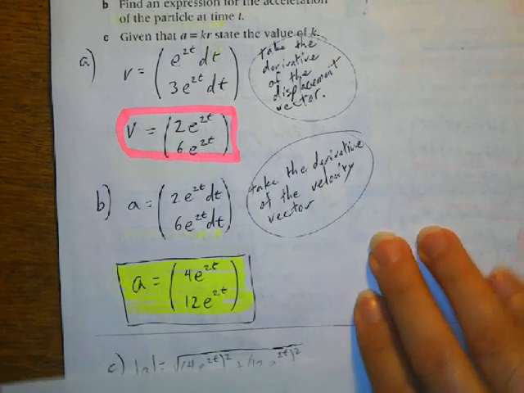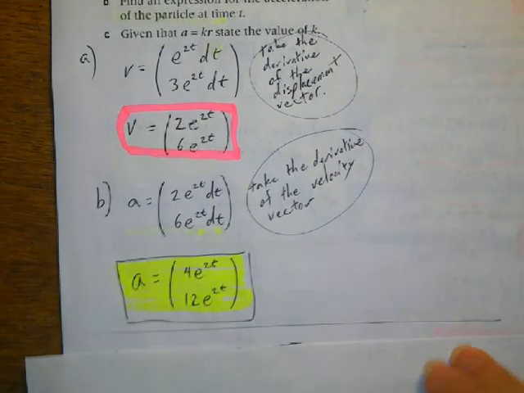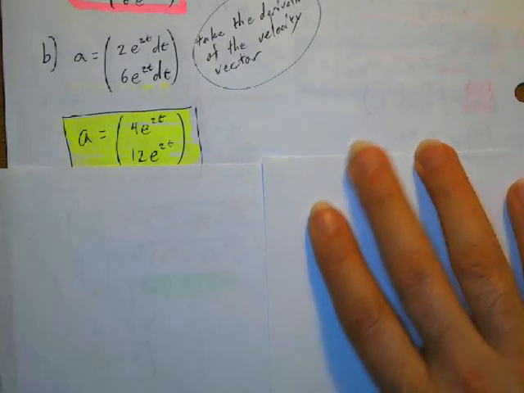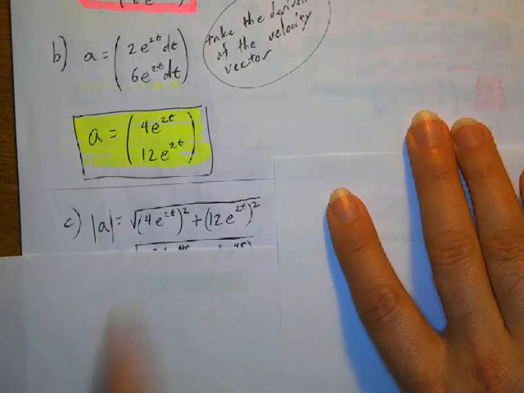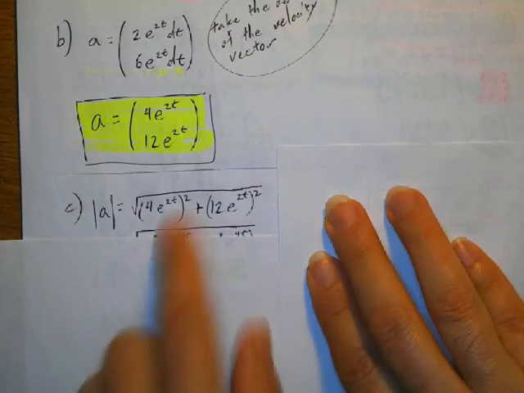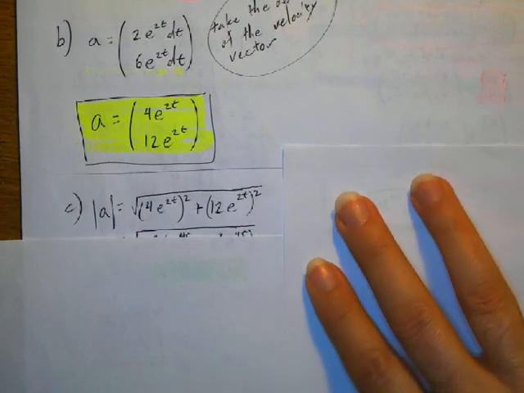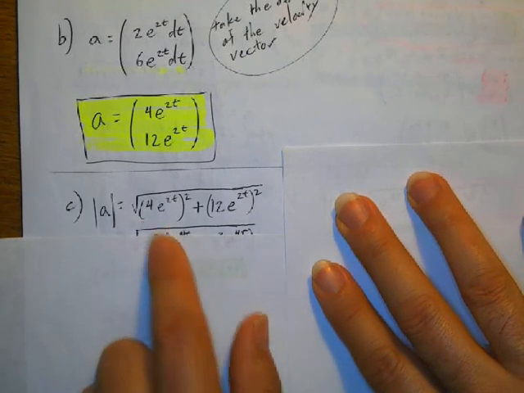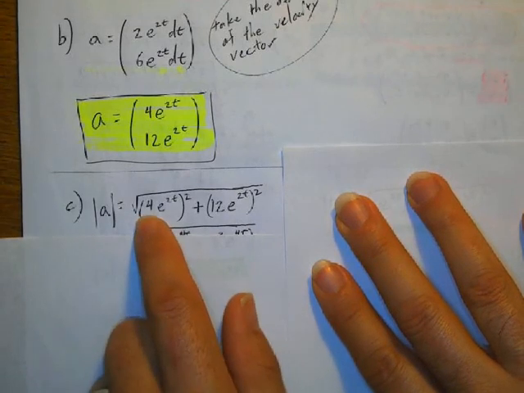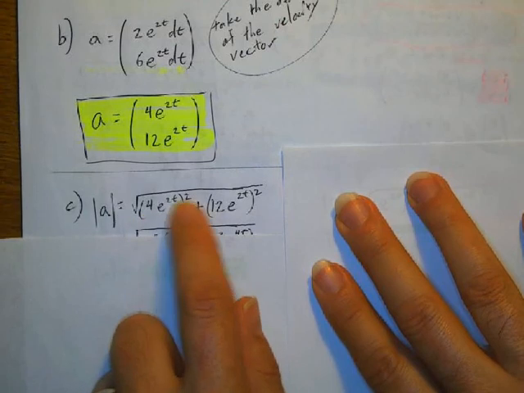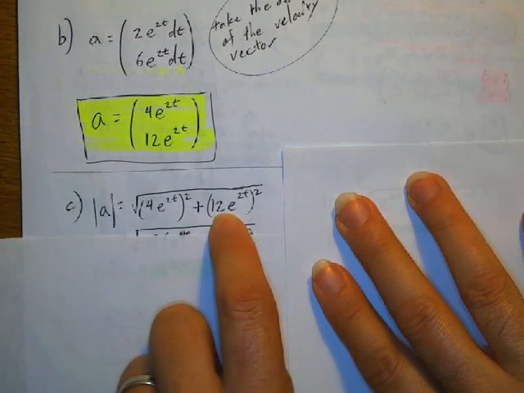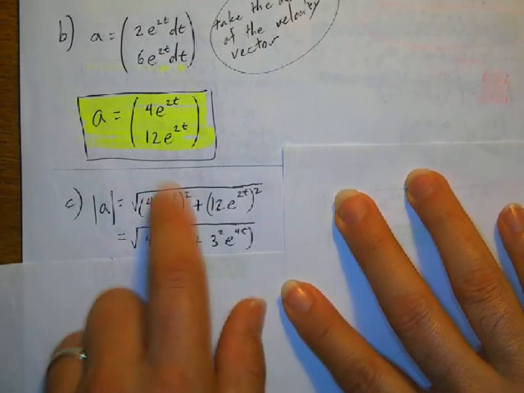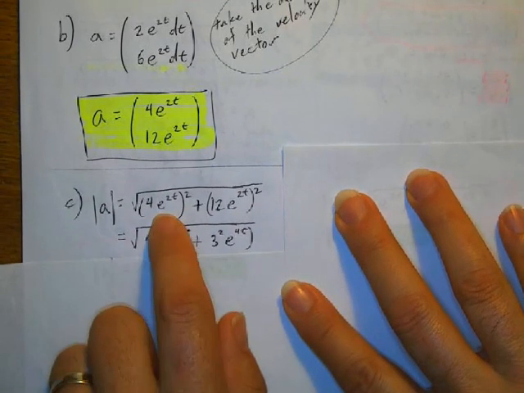Okay, so first things first, I'm going to find the magnitude of A. Now, it looks very complicated, but we actually don't have to undo and solve everything. So here's what we're going to do. Square root of 4e to the 2t squared plus 12e to the 2t squared. That simplifies to 4 squared. I'm going to factor that out, and we're left with this term.